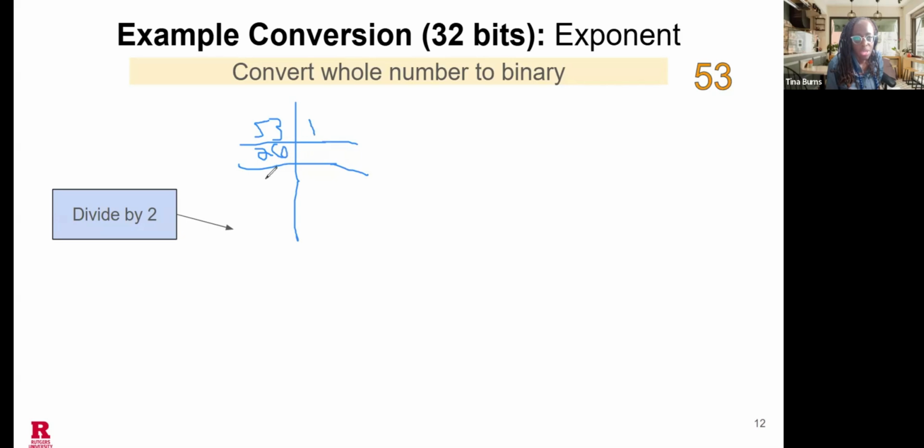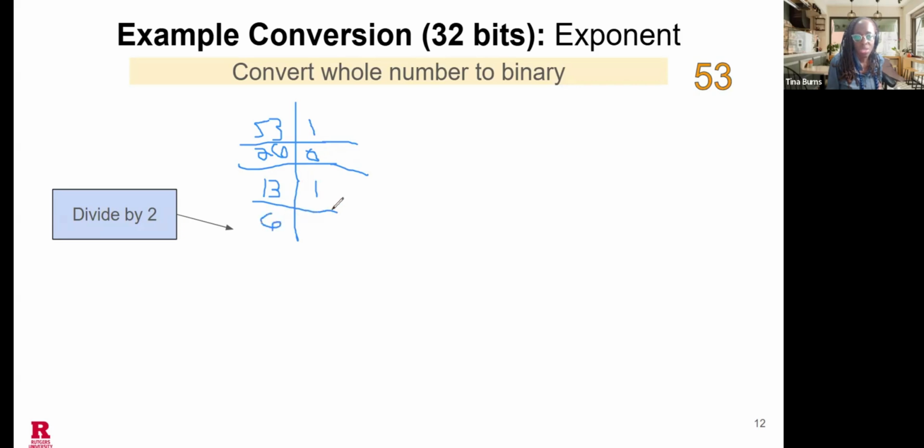When I divide this, I have 13. My remainder here is going to be 0. When I divide this, my remainder for this portion is going to be 1. The number is going to be 6.